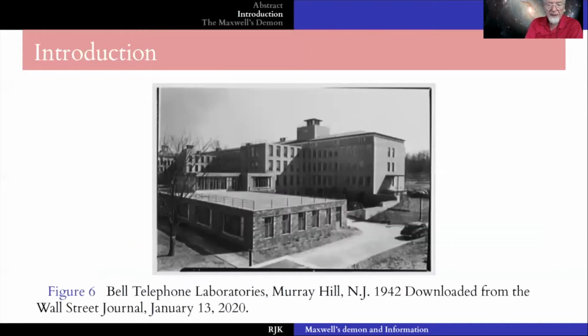This is the picture of Bell Laboratory, Murray Hill in Holmdel. And this was a picture that had come in the Wall Street Journal, but it had the 42 picture, so I downloaded it for our talk.